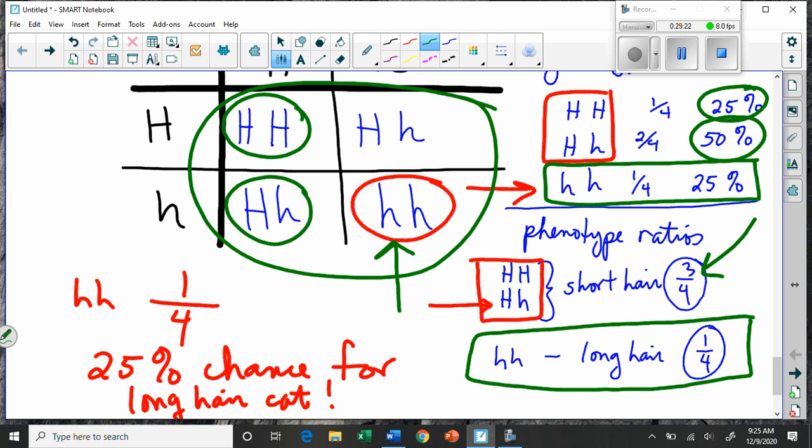But if you have a plant that's had 270 offspring, then when you start counting, the numbers of offspring in that very large sample tend to reflect the percentages much more closely. In other words, the more kids you have, the closer you will come to these ratios. Okay? All right.